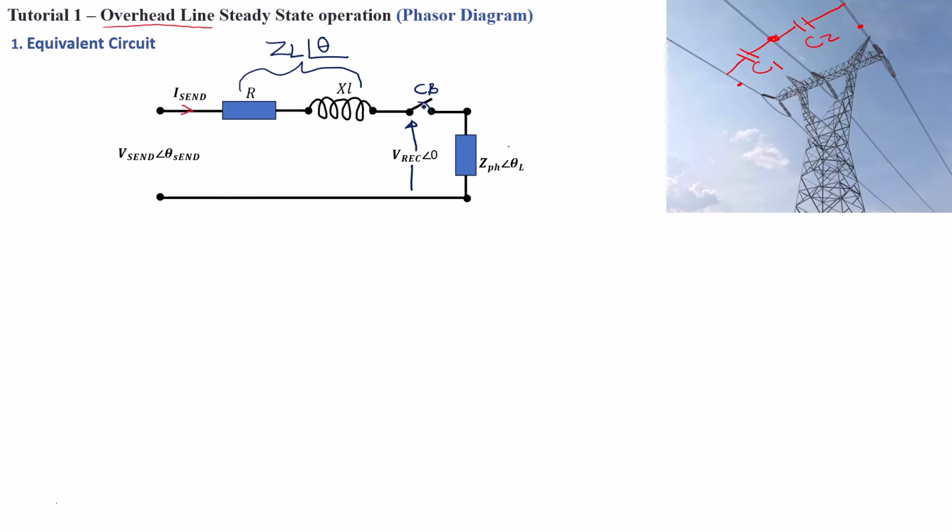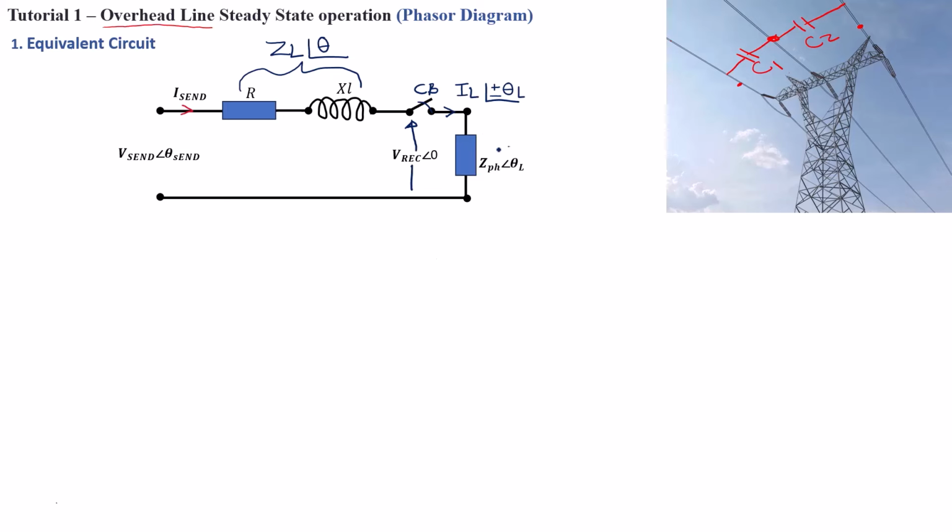But also, as soon as the circuit breaker is closed, there will be a current that will flow here. This current is the load current, which is IL, and IL will have an angle as well, which will be plus or minus theta L. The sign for this angle will also depend on the type of load.